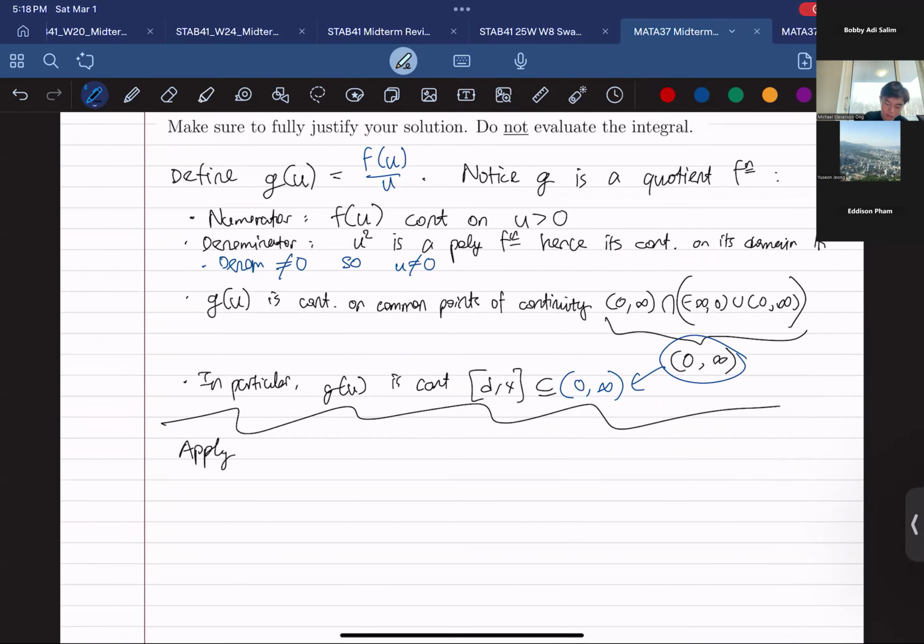We can apply FTOC2. Let's define the function capital G, where D is just some real number, but the real number has to be positive because of this restriction.